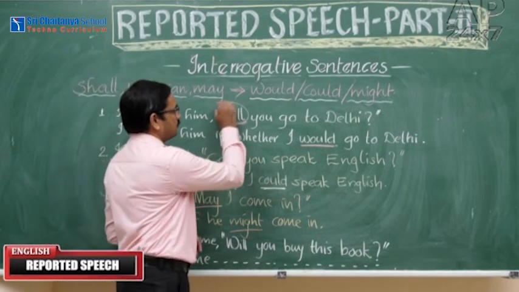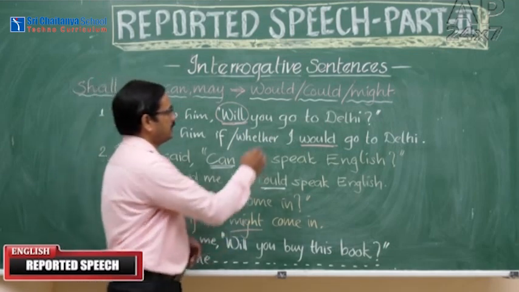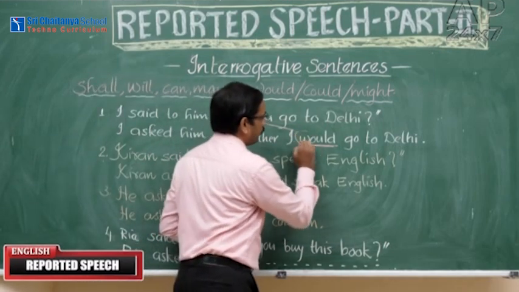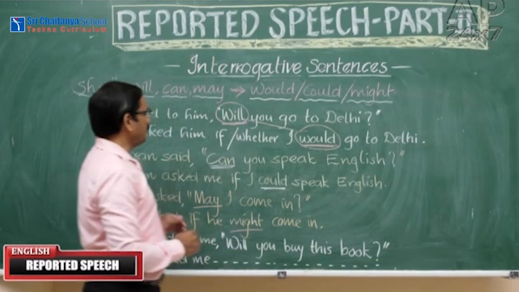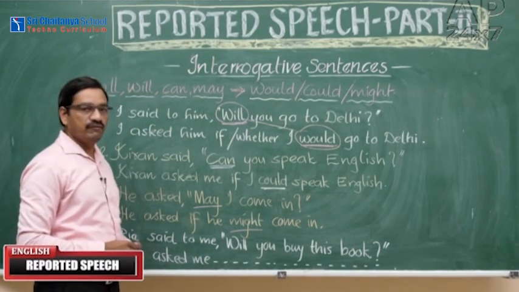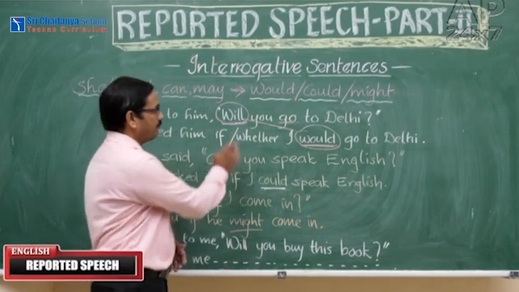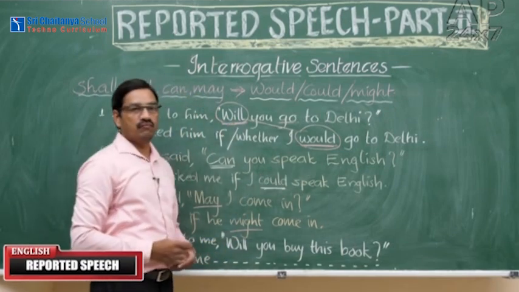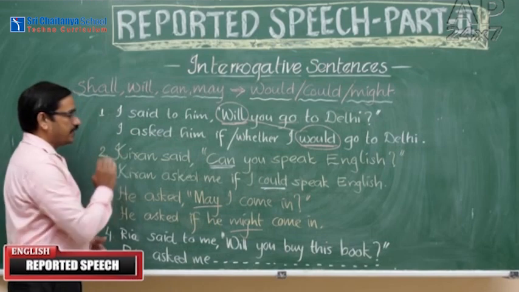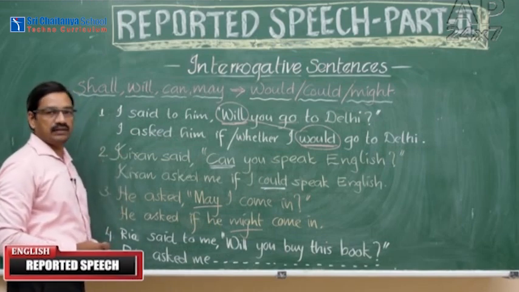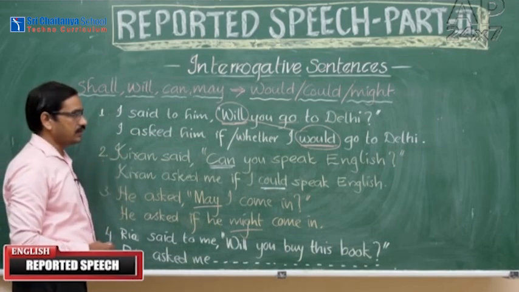So what is the change we have made? Will is changed into would. He asked me if or whether I would go to Delhi. That go is the same, but the will is changed into would. Next, Kiran said, "Can you speak English?" Can is a verb there.